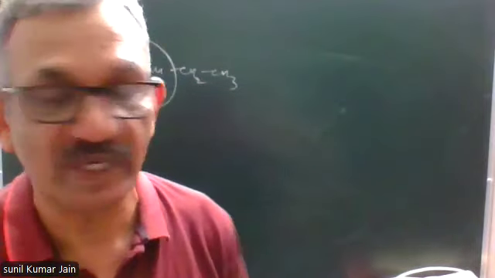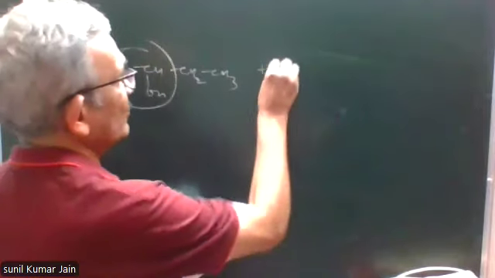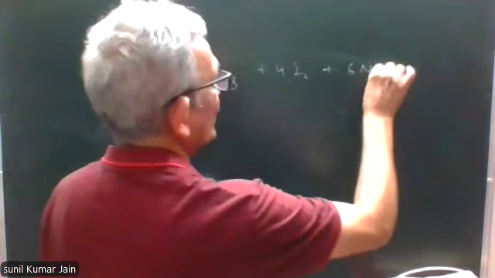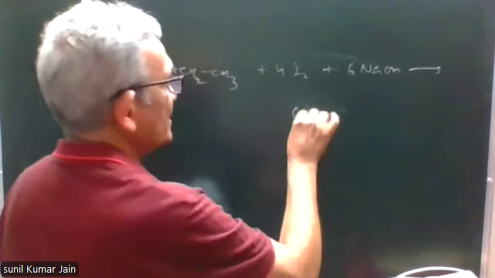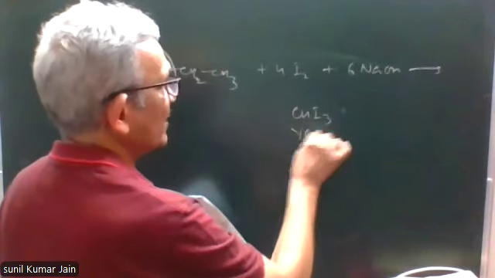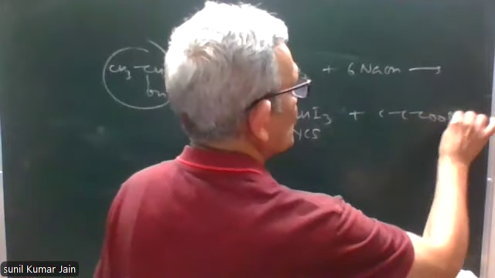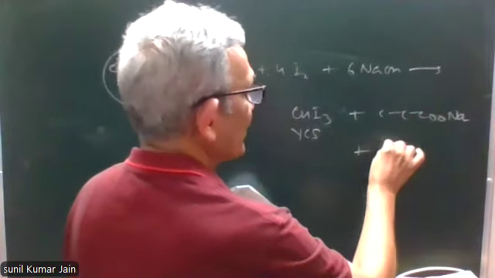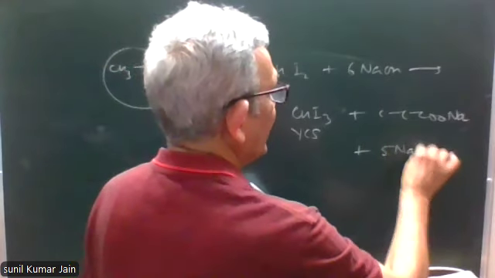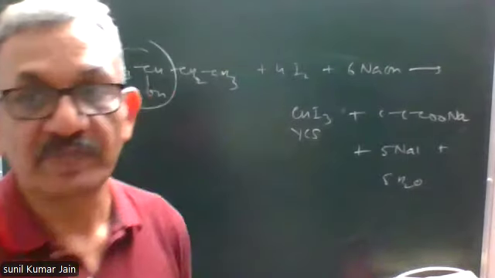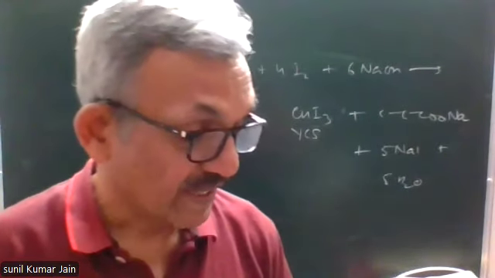You have to write a balanced chemical equation, which I think you will be able to write, but still I'll write for you. 4 I2 plus 6 NaOH gives CHI3, this is yellow crystalline solid, plus sodium propanoate plus 5 NaI and 5 H2O. You should be able to write balanced equations.